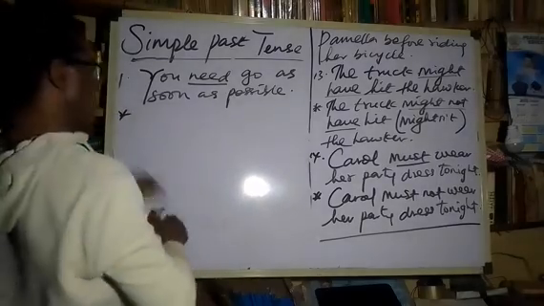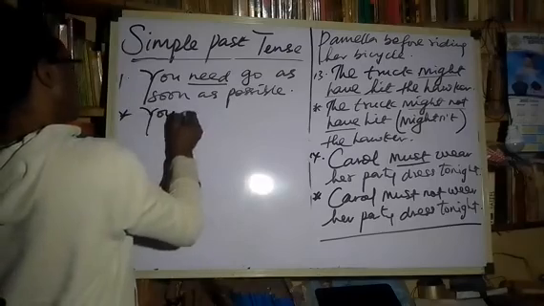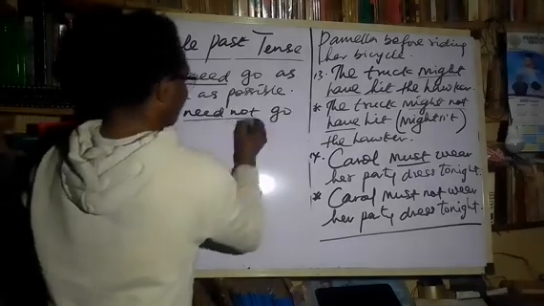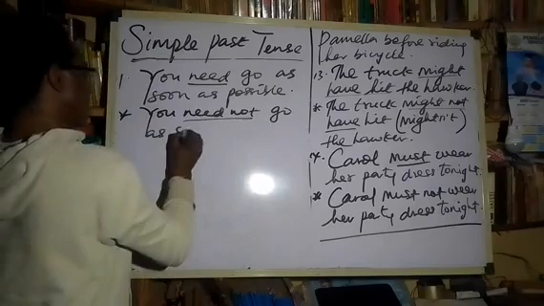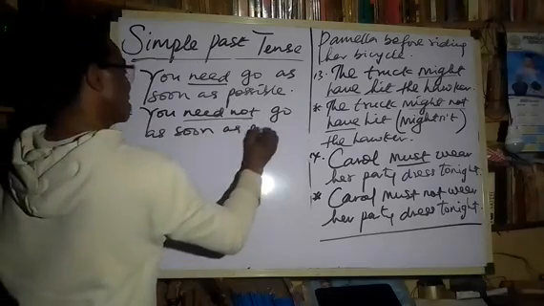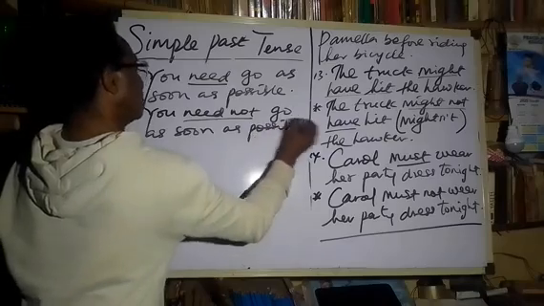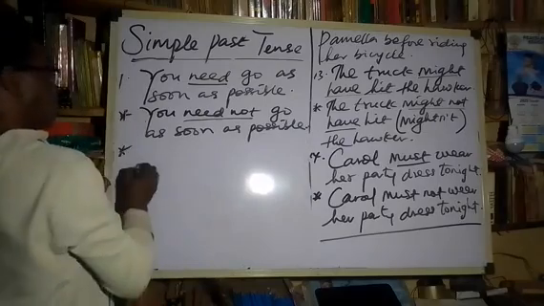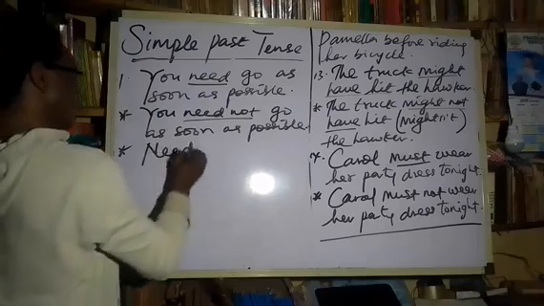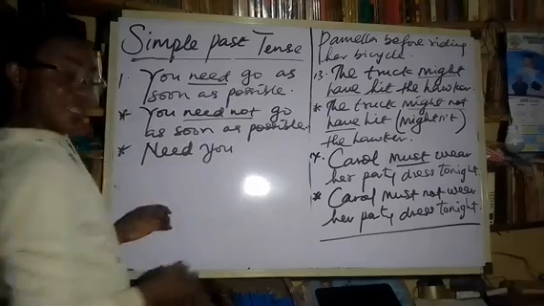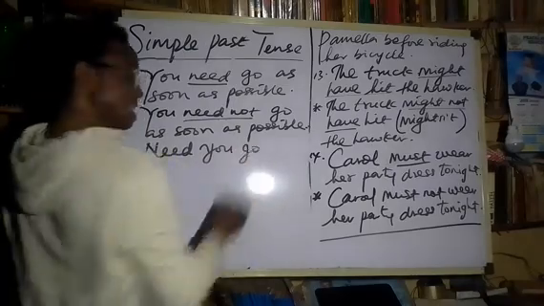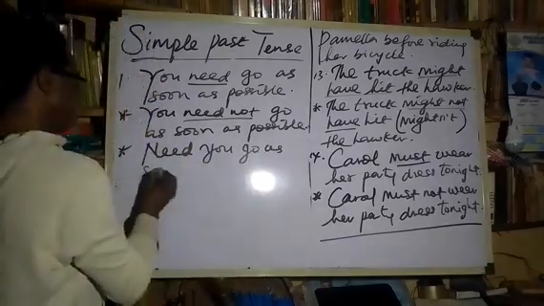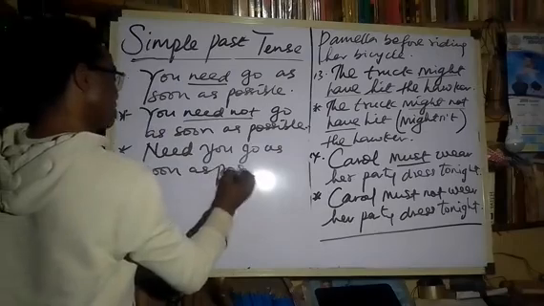Then the negative becomes you need not go as soon as possible, while the interrogative, the question form, becomes need you to go, or need you go as soon as possible.